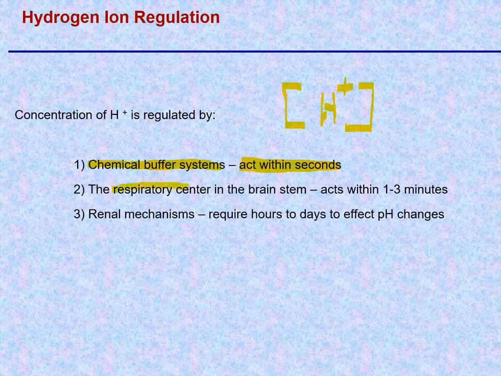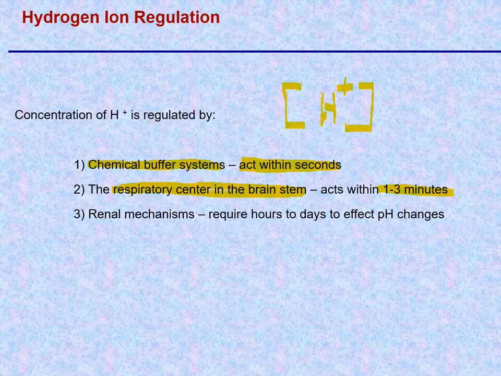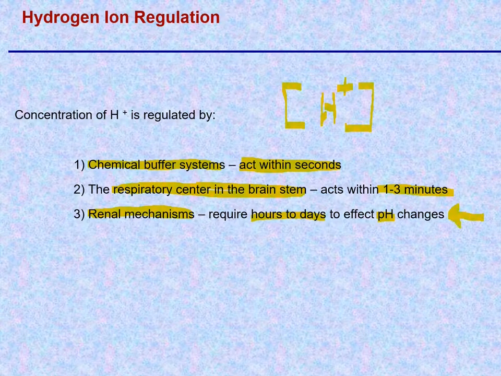It is also regulated by the respiratory center, which is in the brain stem, and that can act within minutes to trigger a response in respiration that can mediate control of pH, and by the renal mechanisms in the kidneys, which require hours to days to take effect, but are probably the most effective way, or more effective at least than the respiratory mechanism.